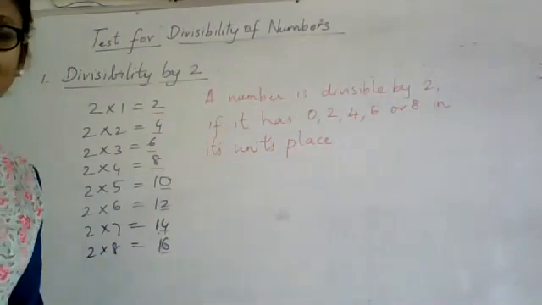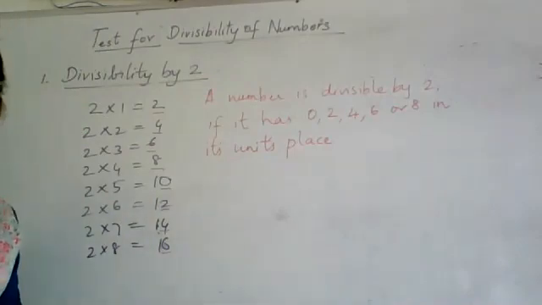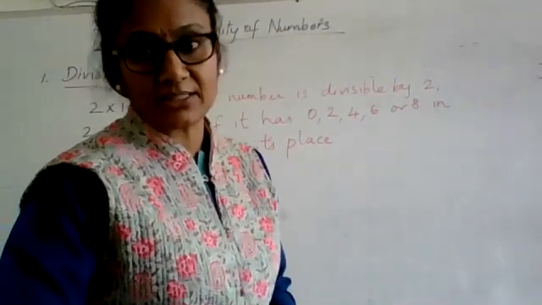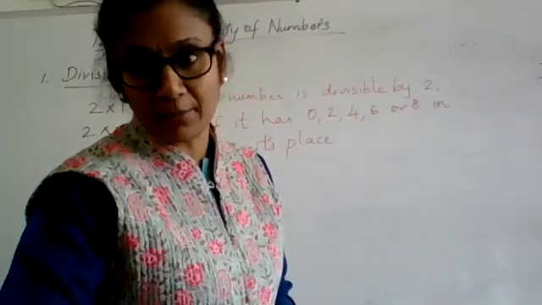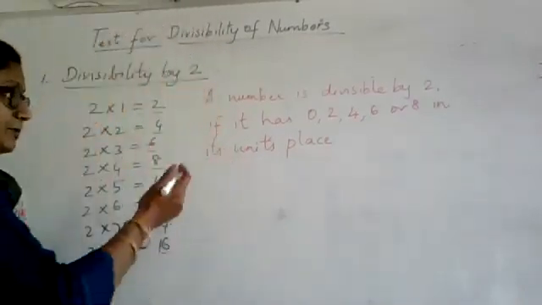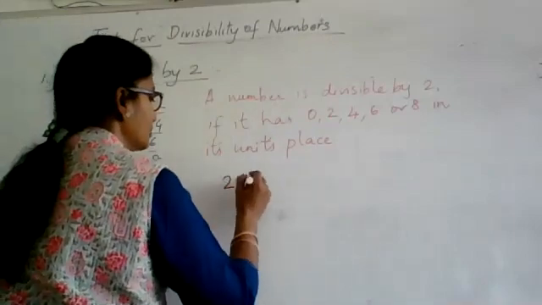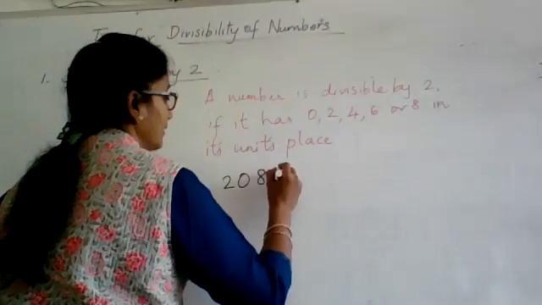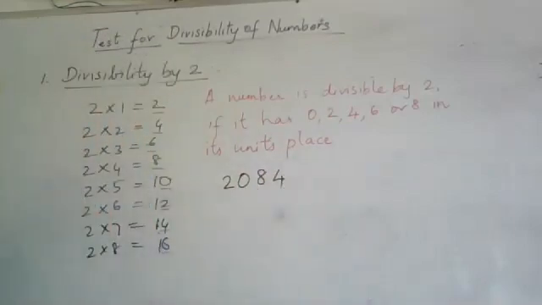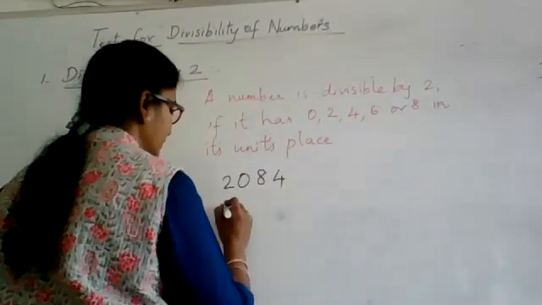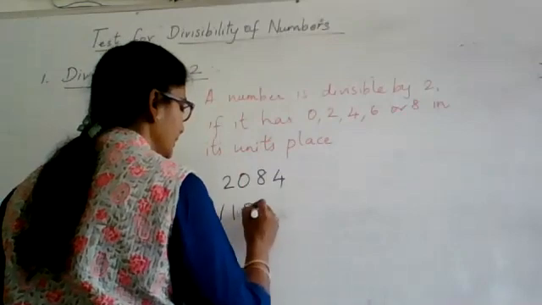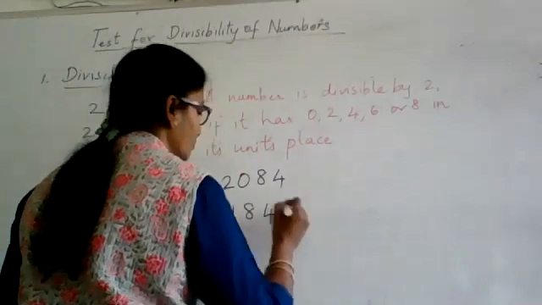So now you can go back and check whatever be the number, however big it might be. It can be a 3-digit or it can be a 4-digit number. Always it will be divisible if this condition is satisfied. Now I'll give you an example. 2084. Then I take another number, say 11,842.